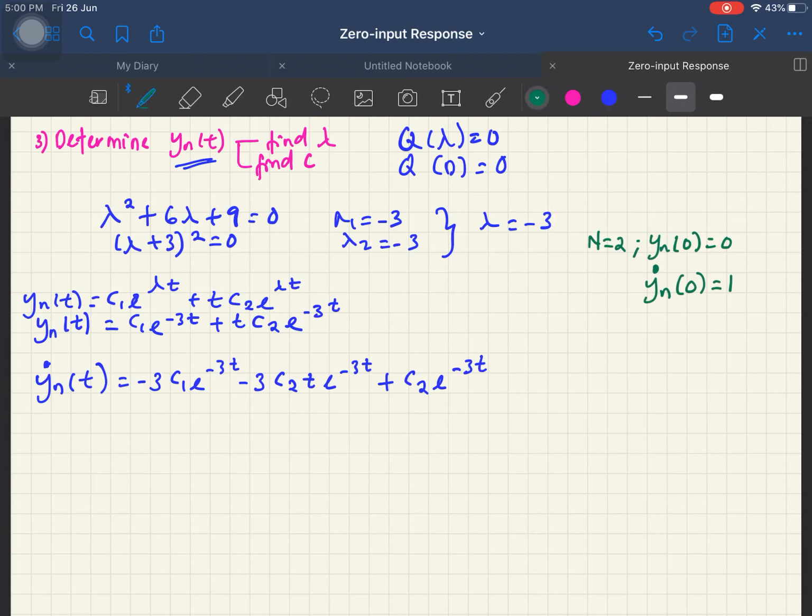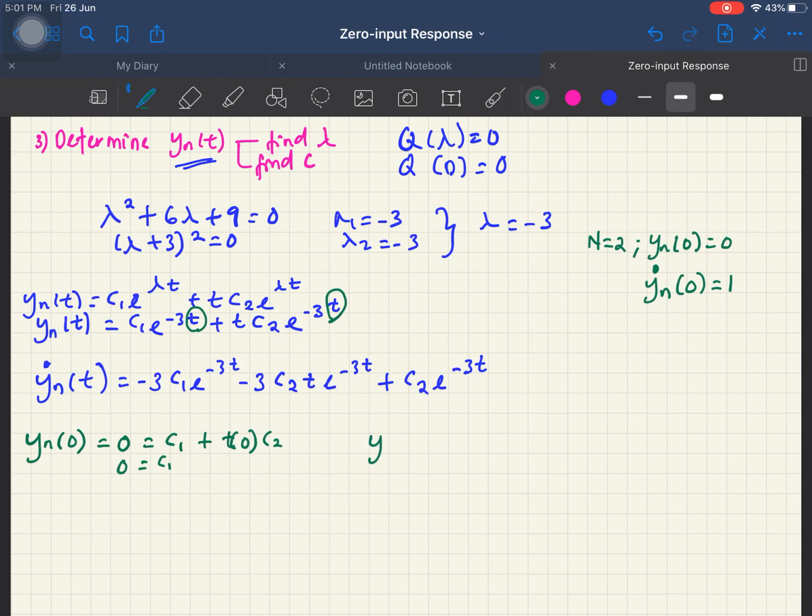Let me just use a different color. So yn(0) equals, simply substitute this t with 0 and this t with 0. This is 0 equals C1 plus t, sorry, this t is 0, C2. So the whole thing will be 0. So 0 equals C1.